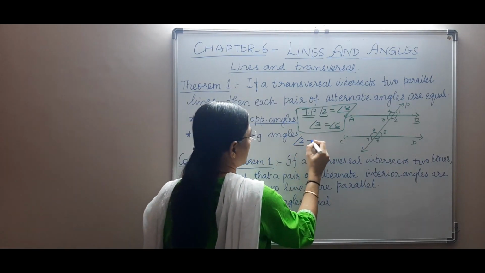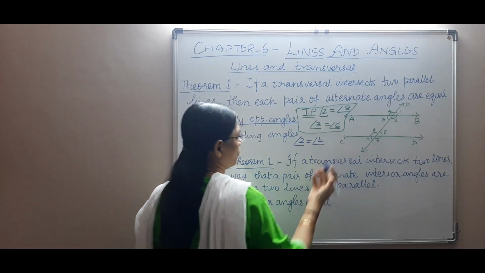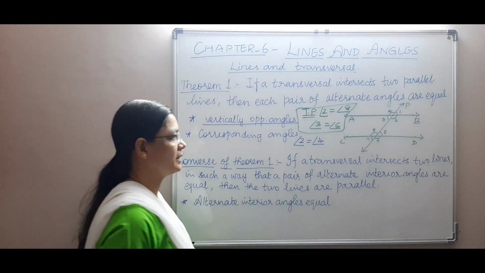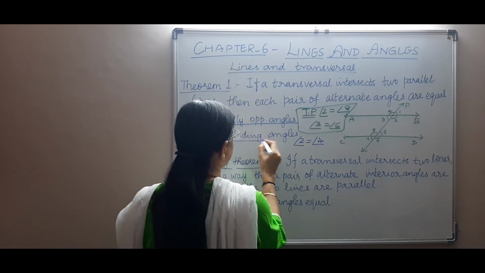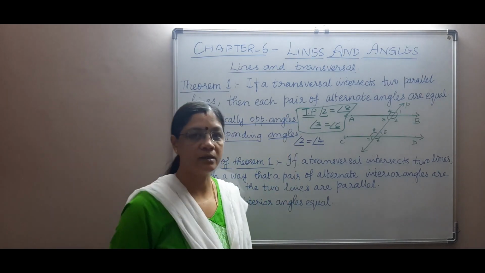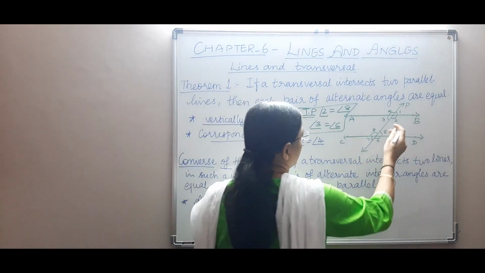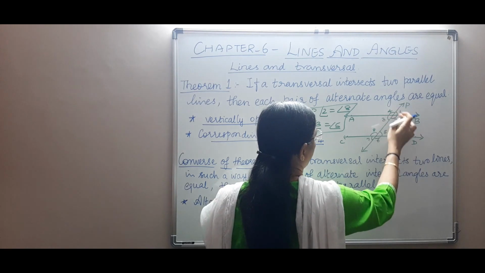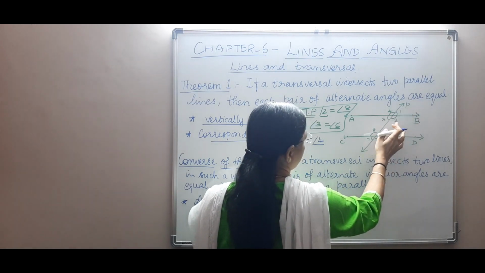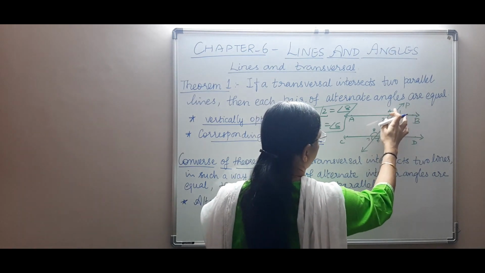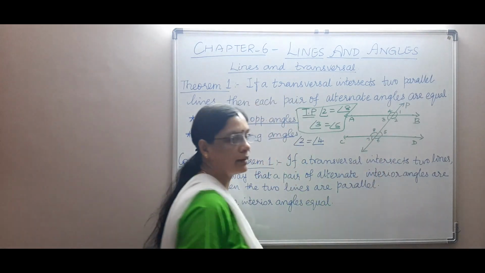So angle 2 is equal to angle 4. Okay, first we take that. The next thing is that corresponding angles are equal. So the corresponding angles are equal, isn't it? So we say that angle 4 is equal to angle 8, isn't it?